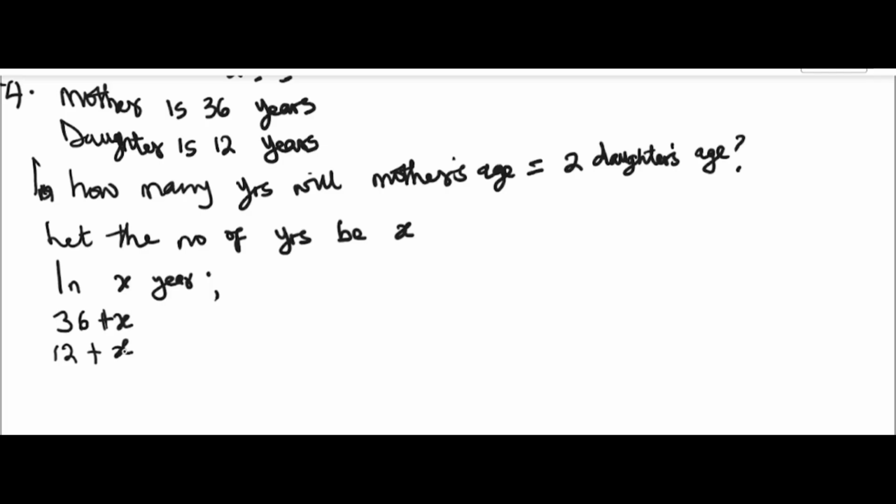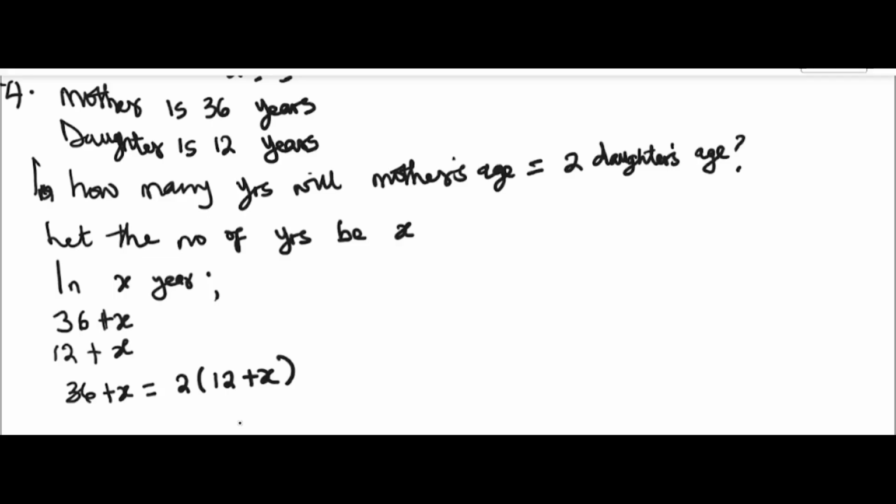Okay, so now in that X years, for the mother's age to be twice the daughter's age, what happens in that year is that 36 plus X, which will be the mother's age then, will be twice the daughter's age then, and then the daughter's age would be 12 plus X. Do you see that? Good.